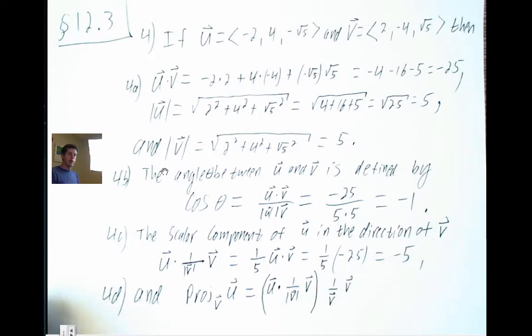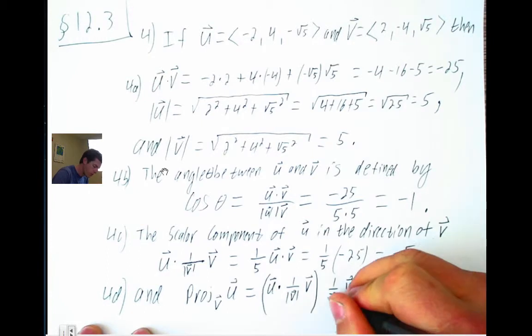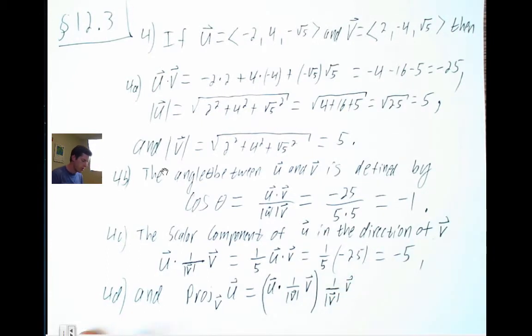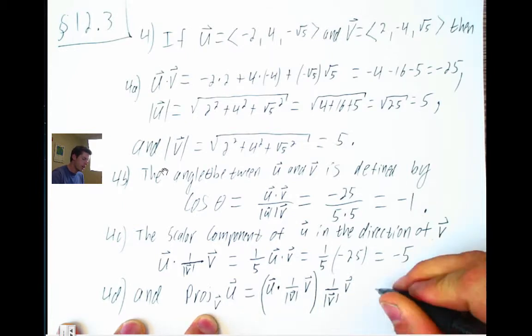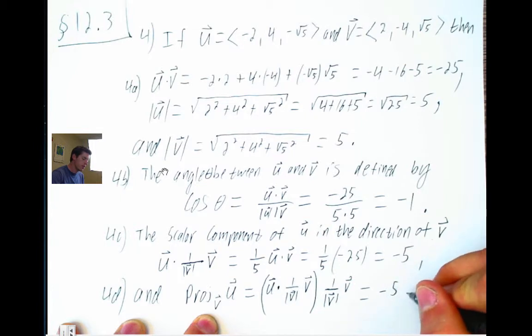Now, every time I've ever written this in my entire life, it has looked weird. Oh, sorry, 1 over magnitude of v. Because there's just so many v's floating around. But it's the right thing to do. See, this is the direction of v right here. You find the component of u in the direction of v, and then you multiply it by the direction of v to get the projection of u onto v. Let's see, that's negative 5 times 1 over 5 times this, oh, you know what, that's just a negative 1.